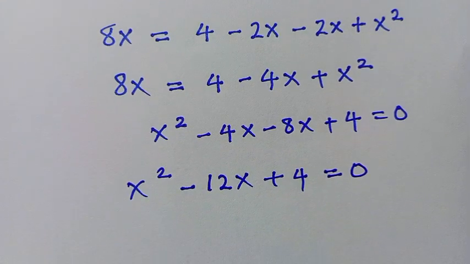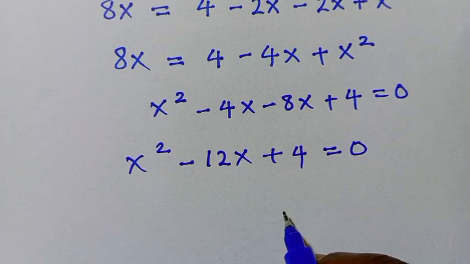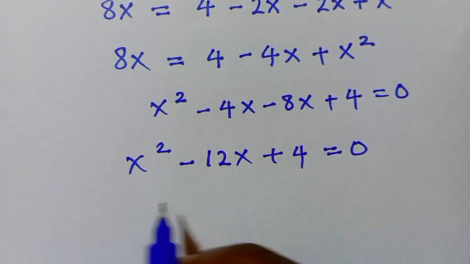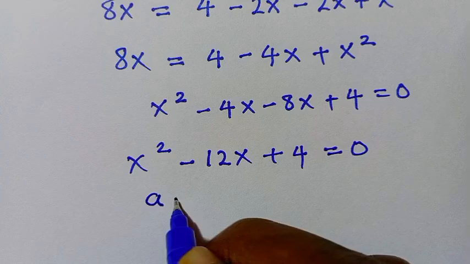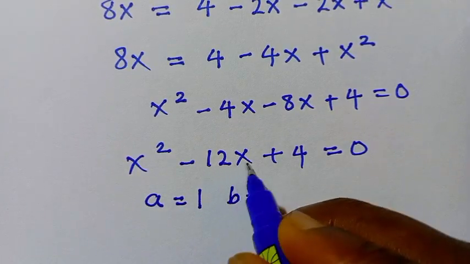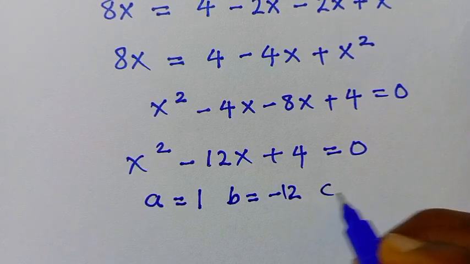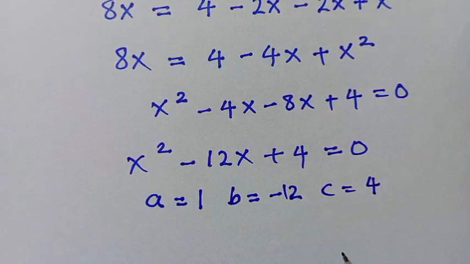And here is a quadratic equation, as we are going to solve it by applying the quadratic formula. But what we need here is a, which is the coefficient of x squared, as 1. We need b, which is the coefficient of x, as minus 12, and we need c, which is 4.